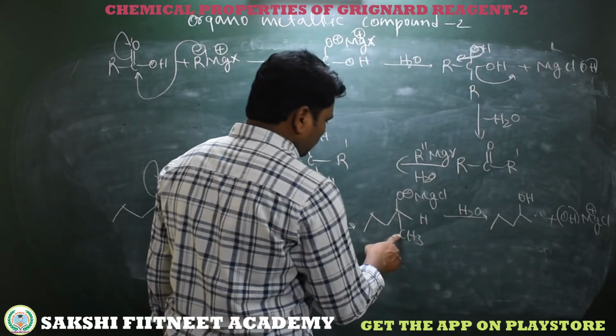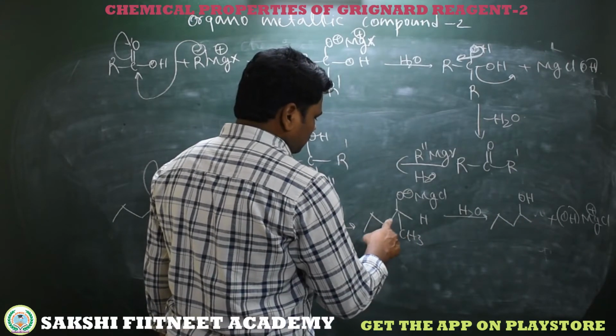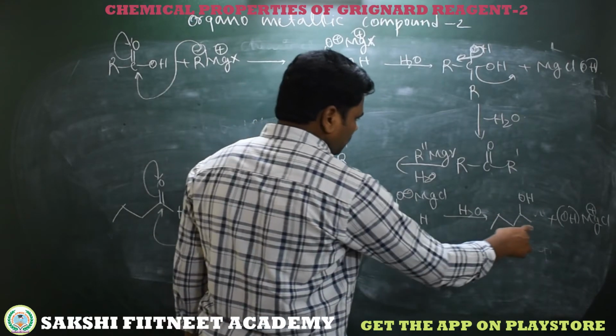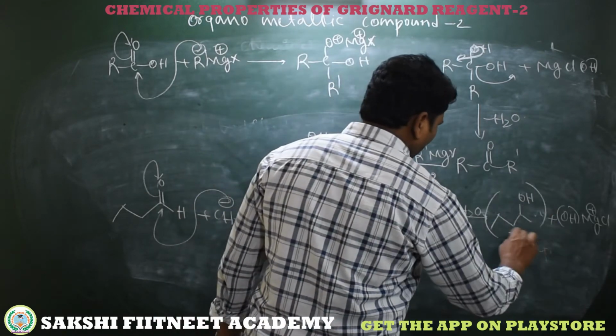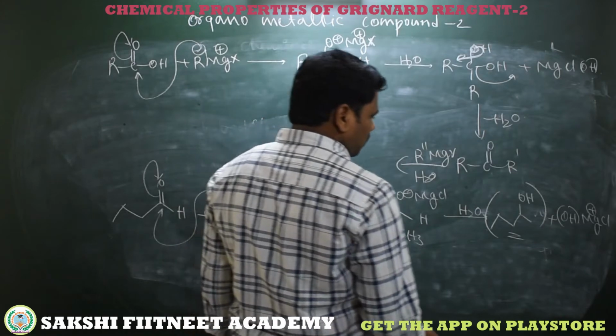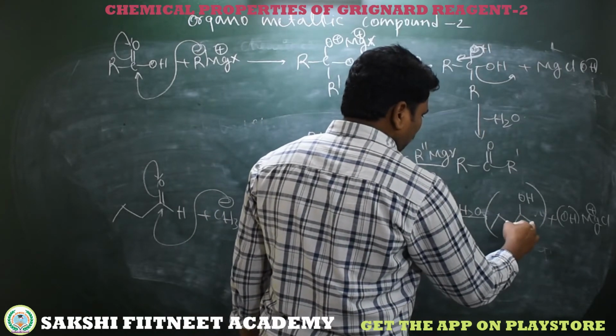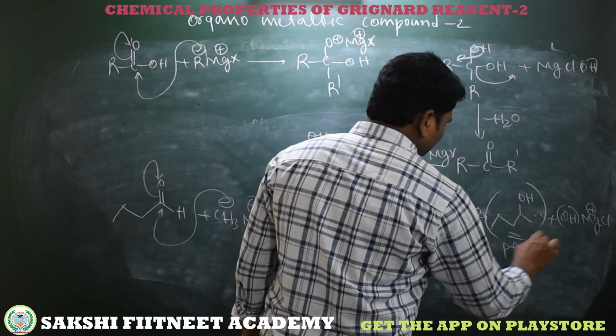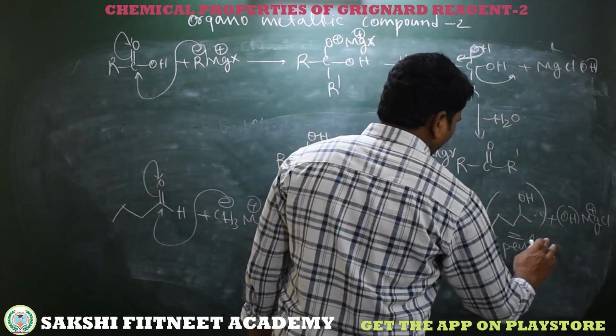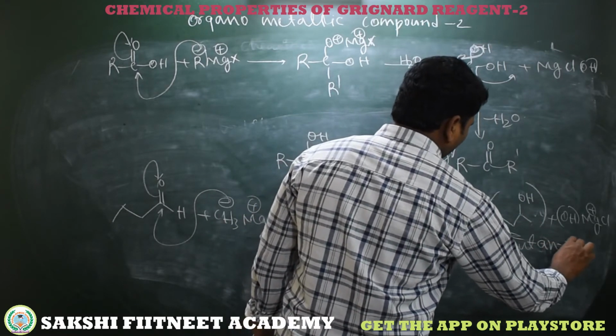That is CH3, CH, CH2, CH2, CH3, with OH. So we got an alcohol. So what about the IUPAC name of this alcohol? 1, 2, 3, 4, 5. It's penta, and at second position, pentane-2-ol.